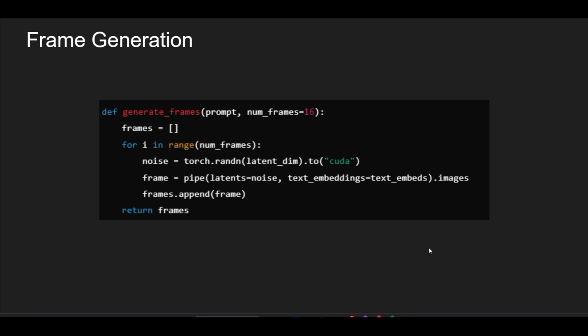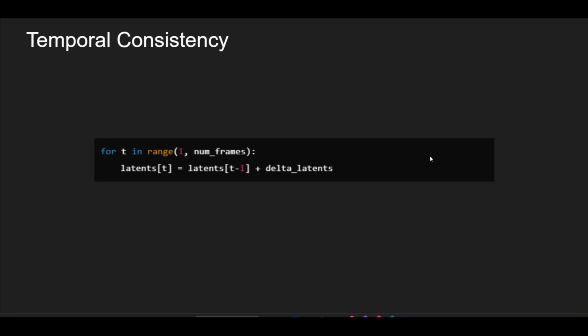The generate_frames function creates a series of images by applying slight variations to the latent space between frames. This loop ensures smooth transitions between frames, creating the illusion of motion. For temporal consistency, the model uses a recurrent structure to refine the latent space for each frame based on its previous one.